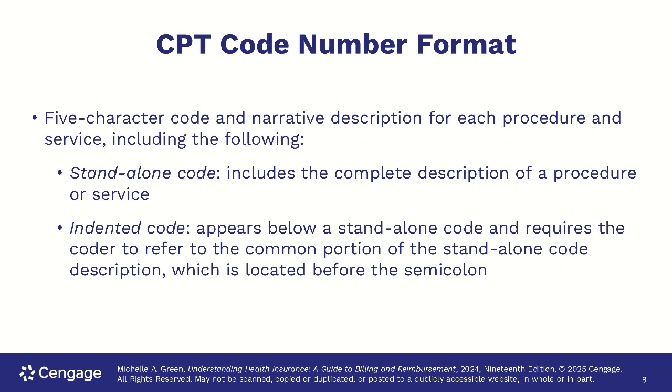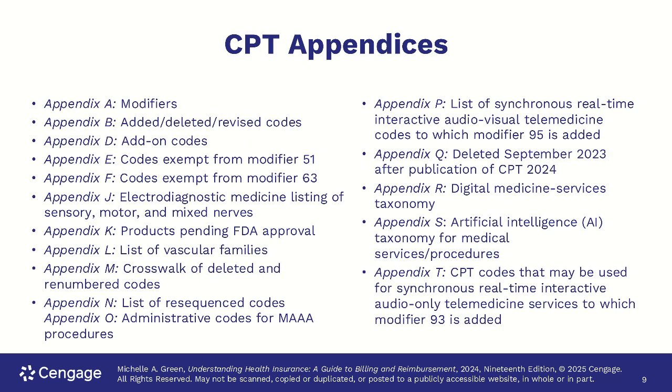Same procedure, one has manipulation, the other doesn't. So the indented code will just say something like with manipulation. However, the indented code relies on the description of the standalone code to give the full description of that code.